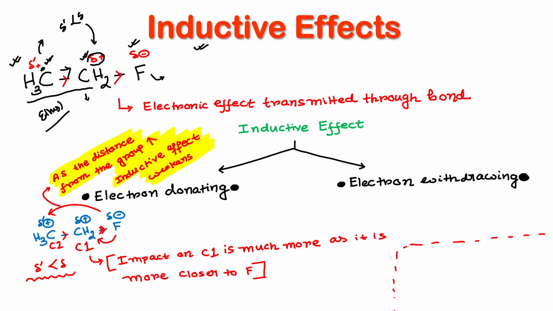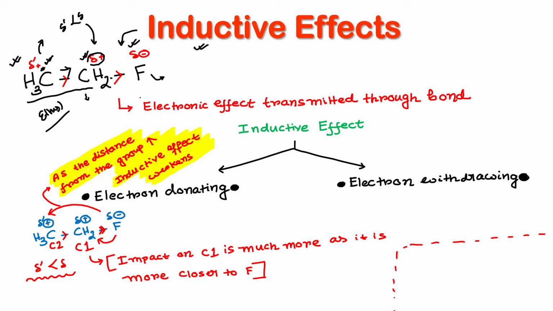So you can see that the effect of the electron withdrawing power of fluorine is shown in this carbon bond also. That's why we call this effect the inductive effect.